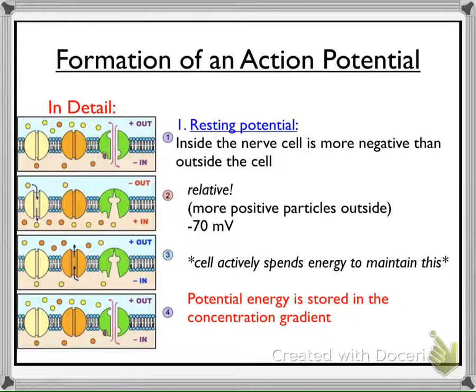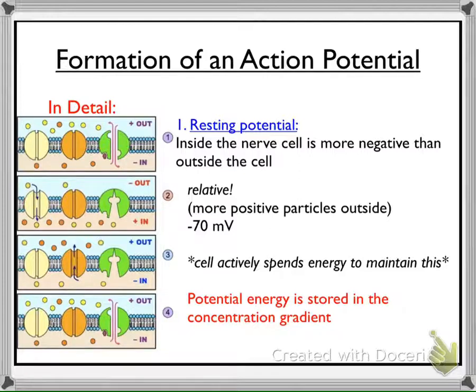But because the cell is using that energy to create areas of high concentration of charged particles, the cell is actually building up potential energy. This is energy that can be used later on, and it comes from the fact that both sodium and potassium want to move in the other direction through the cell.